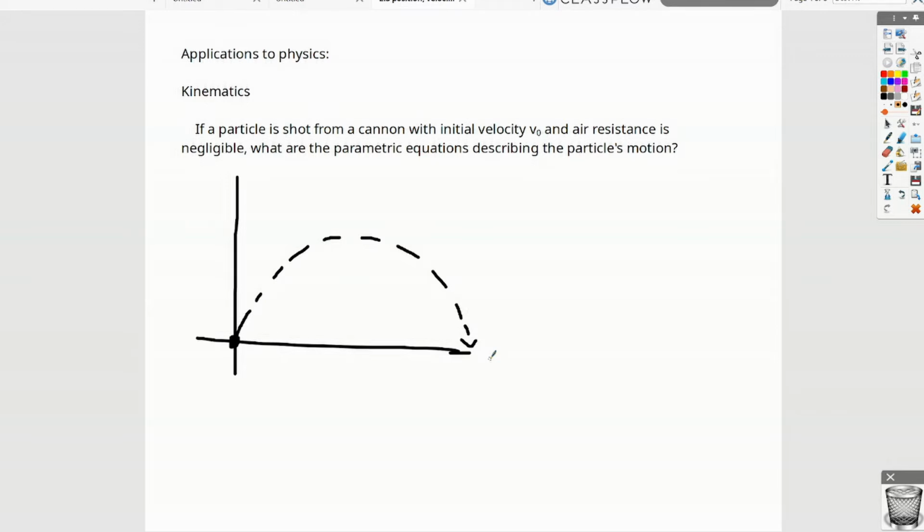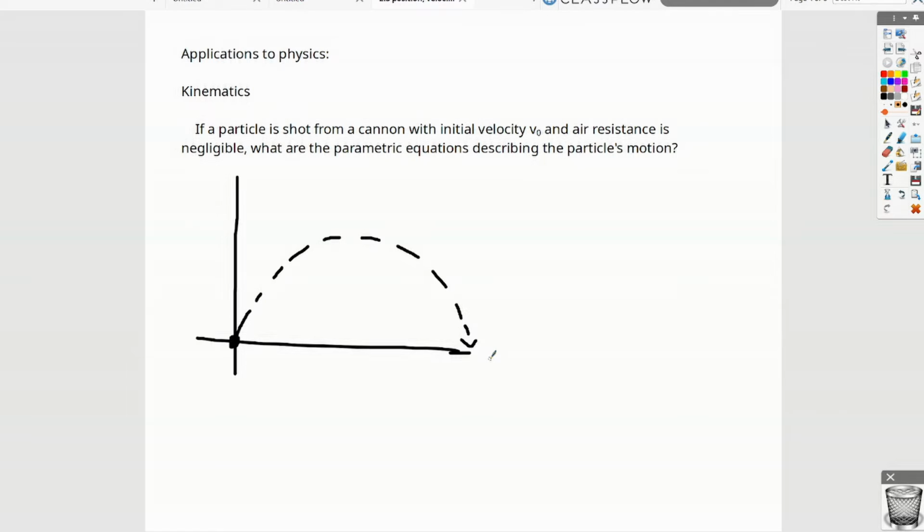So is the x direction going to change at all? Do you think the x direction is going to change because of some external force? Well, we already said that air resistance is negligible, so the acceleration of the x direction shouldn't change.